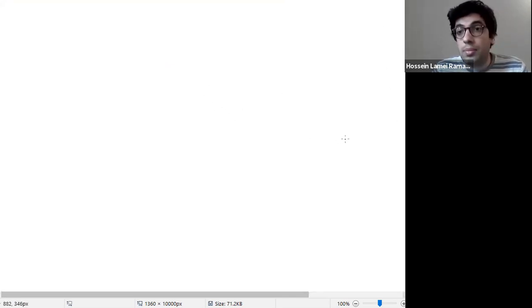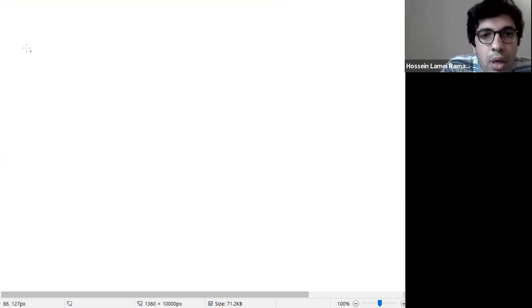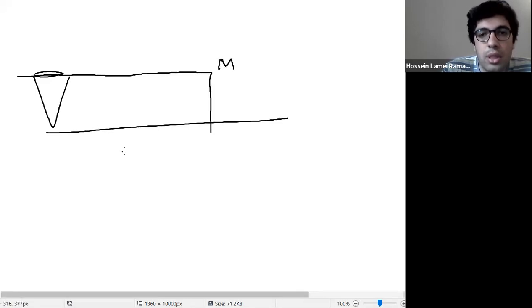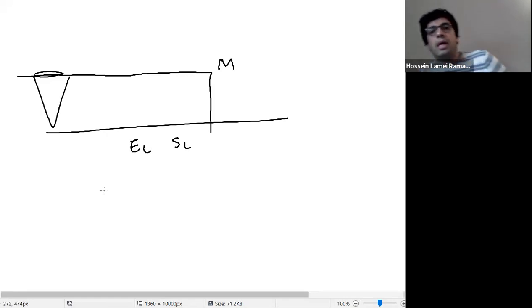We're going to be in the same scenario. We have this tree, a countable tree without a top element, and we have this countable submodel, and we have the iteration of ELs and SLs.